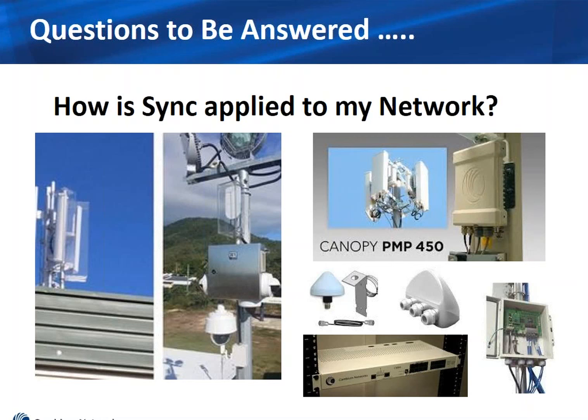Oftentimes, because of the way the radios are mounted with the antennas right directly against them, they can be blocked. Those particular GPS receivers internal to the access point itself do not have the option for an external antenna patch like our ePMP solutions do. They have the option to screw on an external GPS antenna and place it slightly away from the radio or the antenna so you're not blocked.